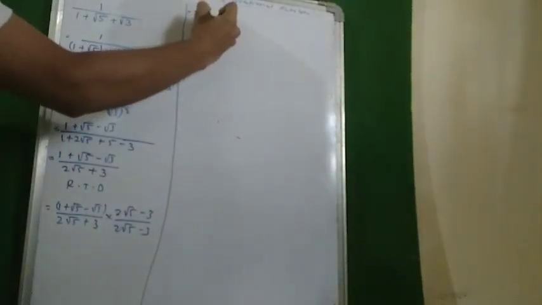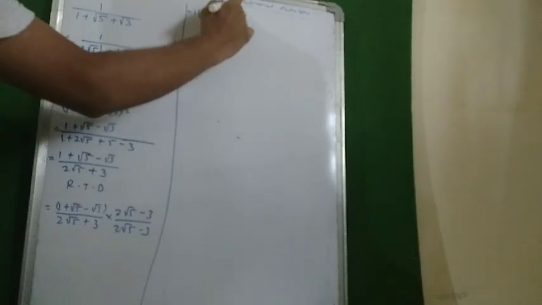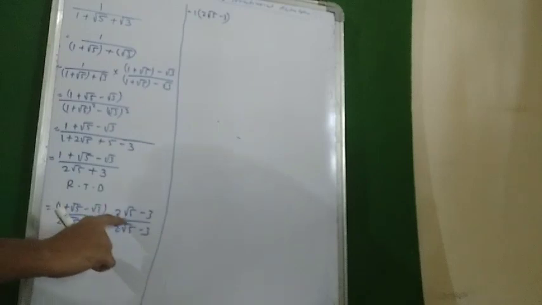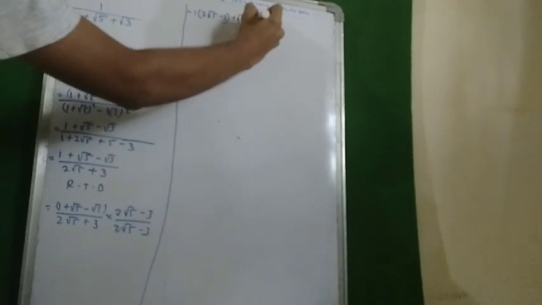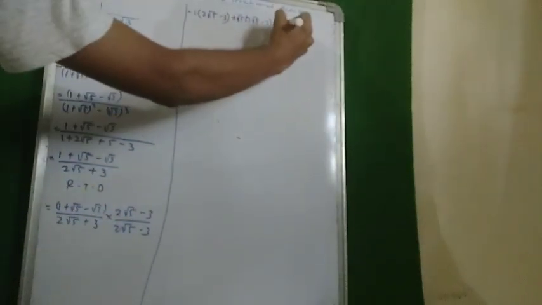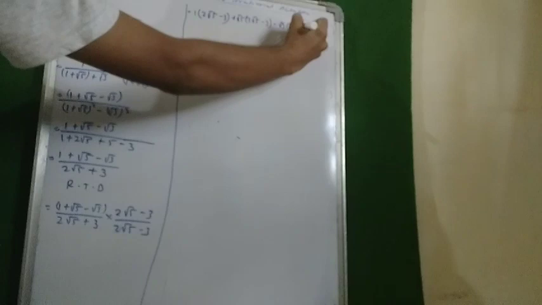So 1 multiplied by 2 square root of 5 minus 3, then square root of 5 multiplied by 2 square root of 5 minus 3, and the last, minus root 3 multiplied by 2 square root of 5 minus 3.